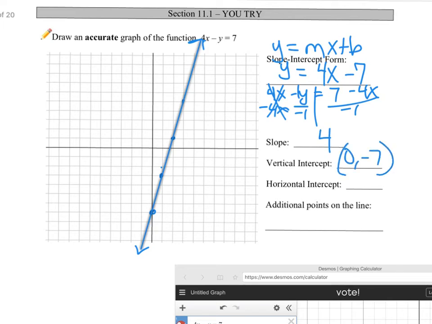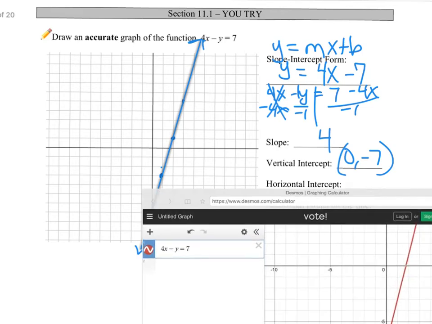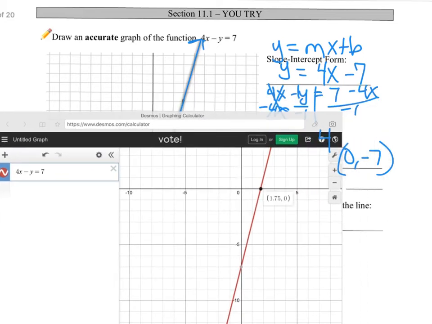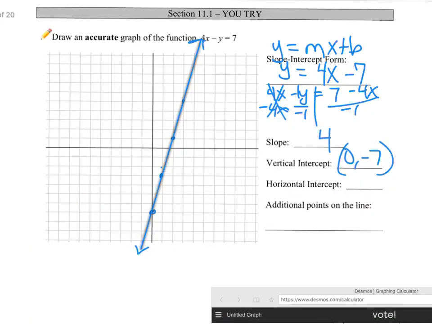Our horizontal intercept is not a nice, pretty number, so we're going to pull that straight off of our graph in Desmos. And if I touch that point, it is 1.75, comma 0. So I can write that in: 1.75, comma 0.